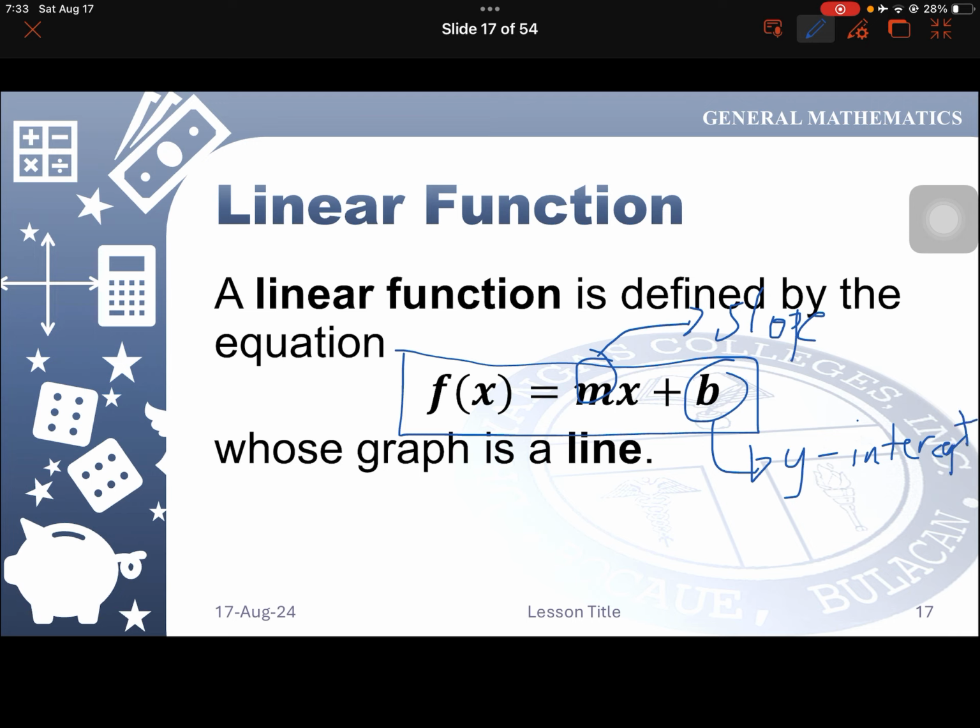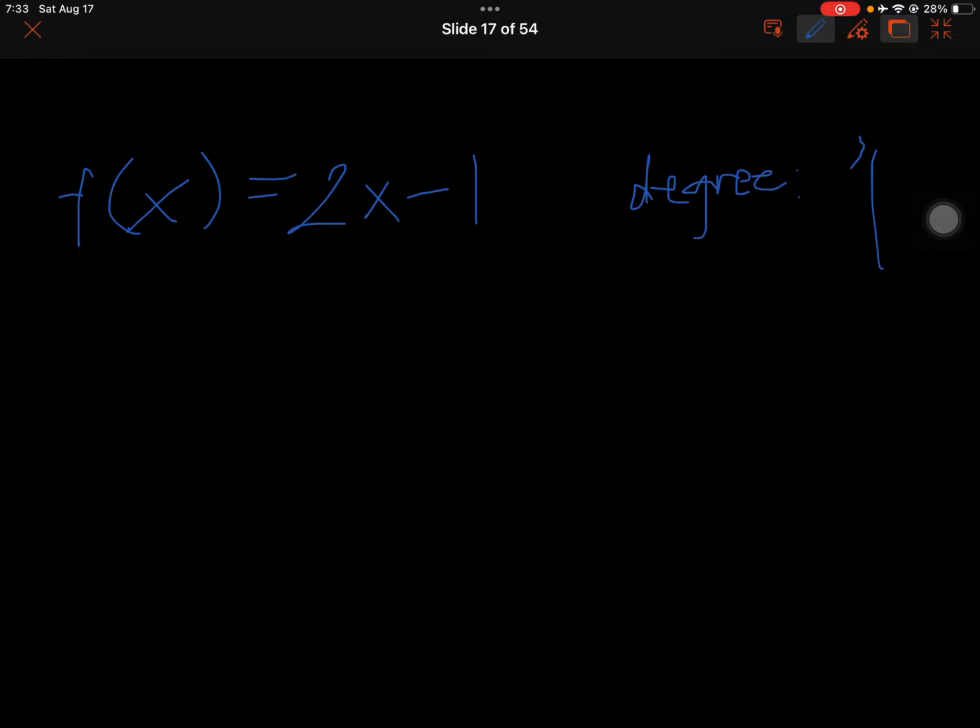So for this, we have a graph which is called a line. Example for this, f of x is equal to 2x minus 1. So make sure that the function has a degree 1. Okay? Degree means it's the highest exponent.